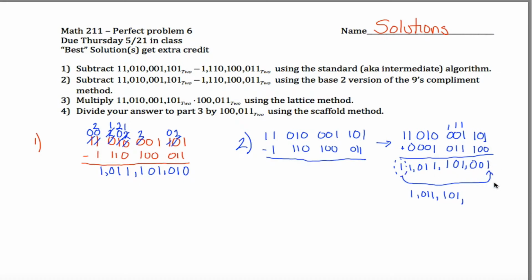Well, 1 plus 1 is 2, which in base 10 I write as 0 and then carry a 1. So what I'm saying is that using the ones complement method, I would get that this is this, which is the answer up here. And I can check my answer. Awesome. Looks like that checks out.